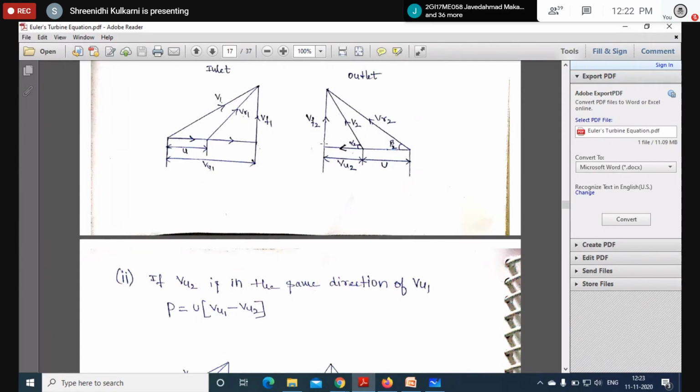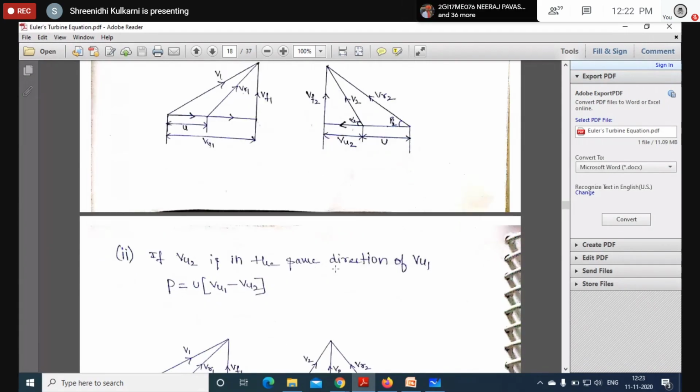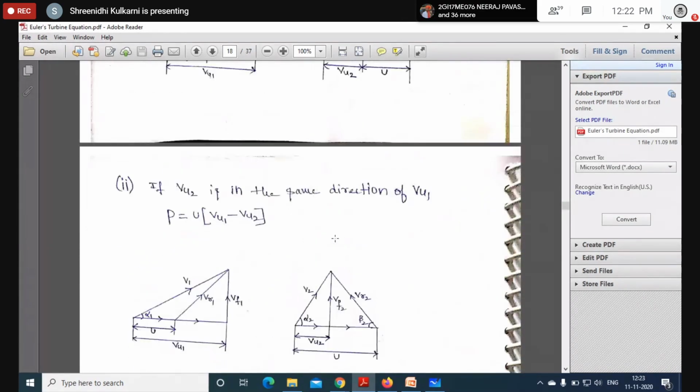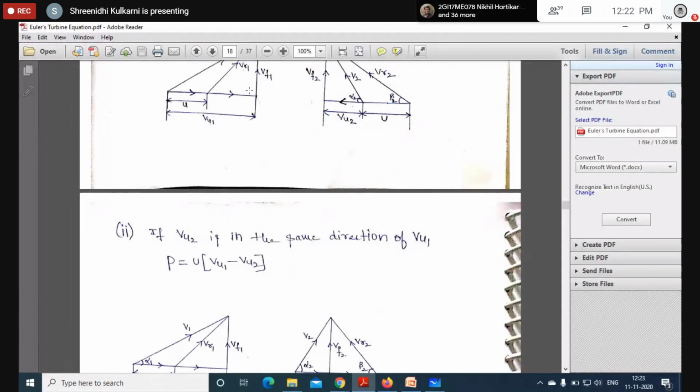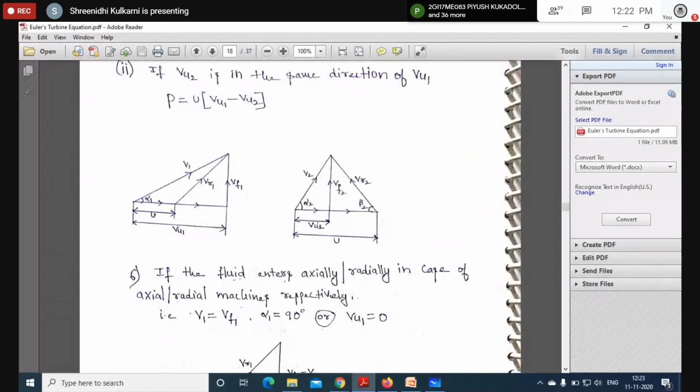So how are we going to modify the outlet velocity triangle? In this manner. Initially VU1 and VU2 are in opposite directions. But if we get VU2 as a negative sign, then we have to modify the velocity triangle in this manner.